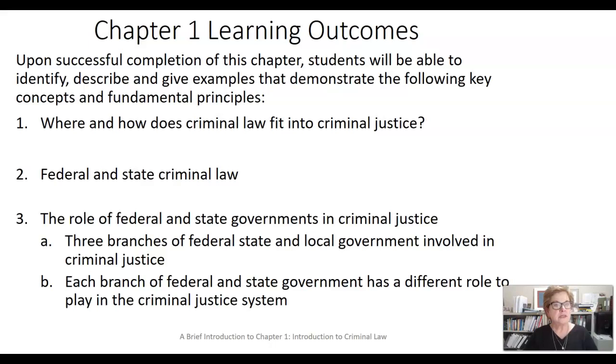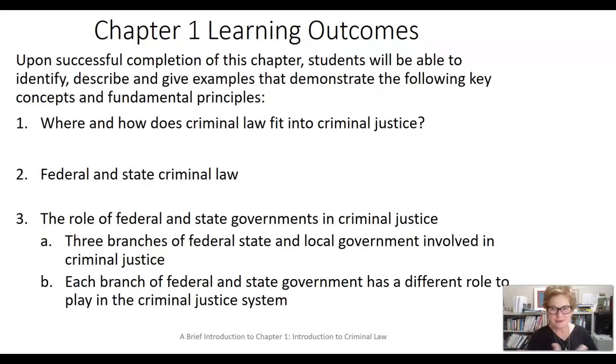And also the District of Columbia has its own set of criminal laws. We'll talk about the role of federal, state, and local criminal justice agencies, the three branches of government being the executive branch, the legislative branch, and the judicial branch.